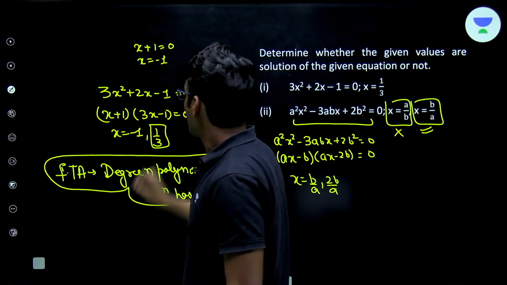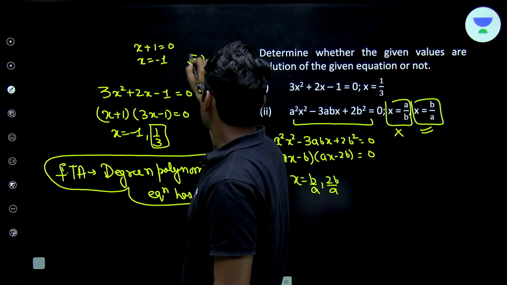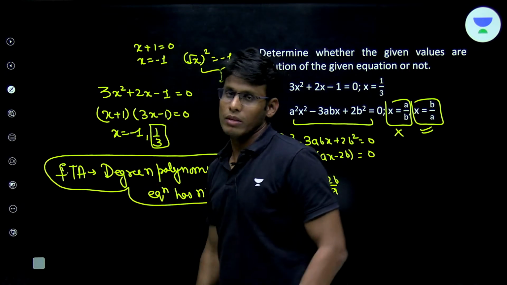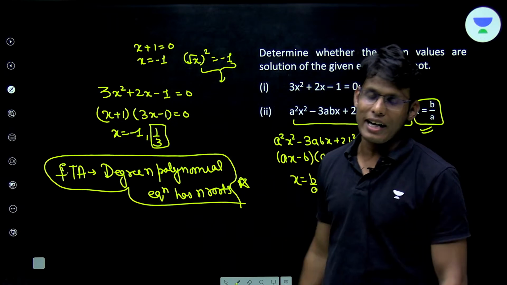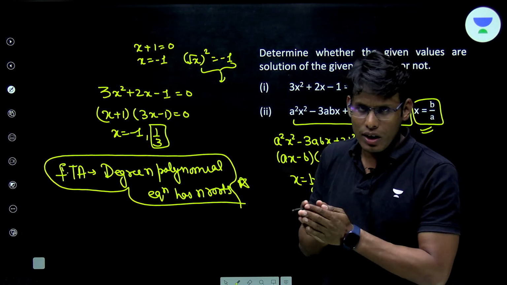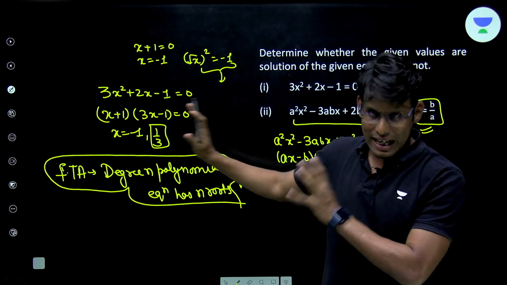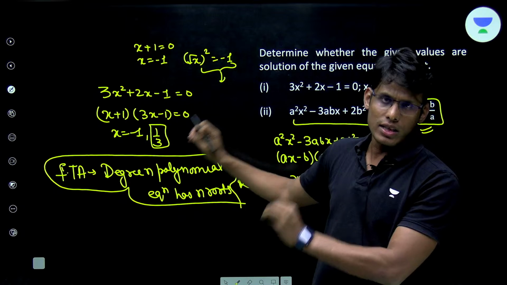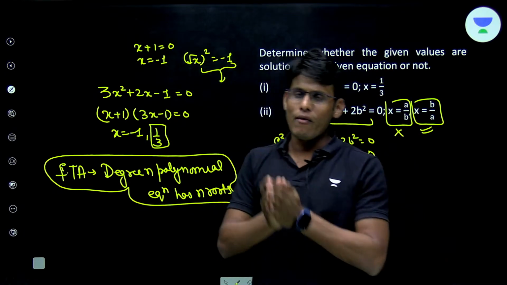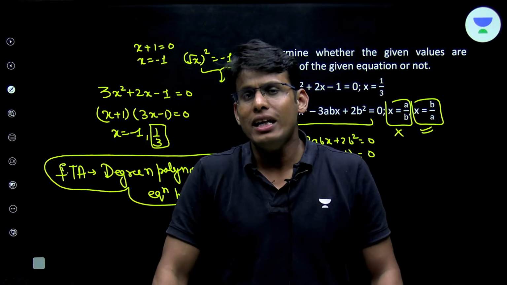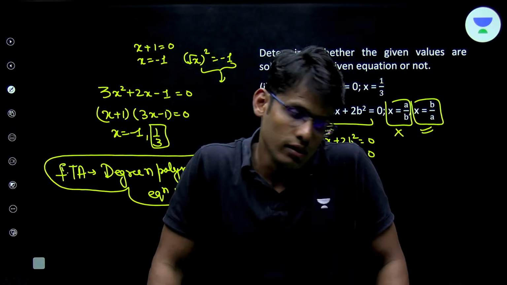This is one solution. What if I apply more mathematics and I get to more solutions, right? So there has to be one theorem which stops me from doing all these things. This is one such theorem, which says that if you have a polynomial of degree n, after solving you can get n roots only.